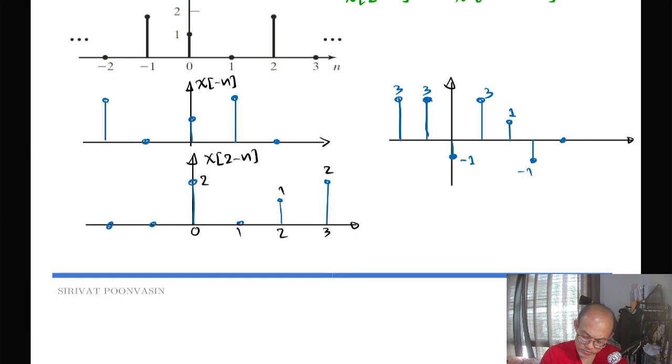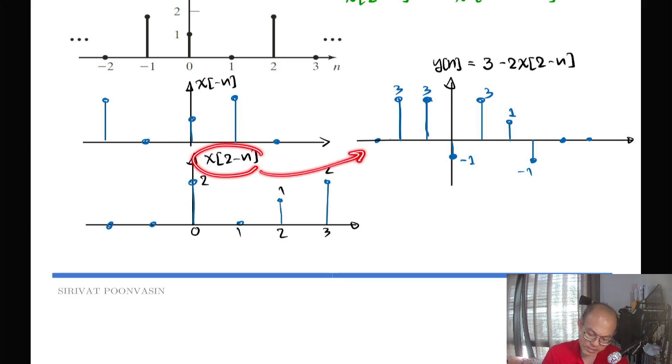And then 0, 0 are the rest. So this is y of n, which is 3 minus 2 x of 2 minus n. We're performing the amplitude transformation on this one. Okay.